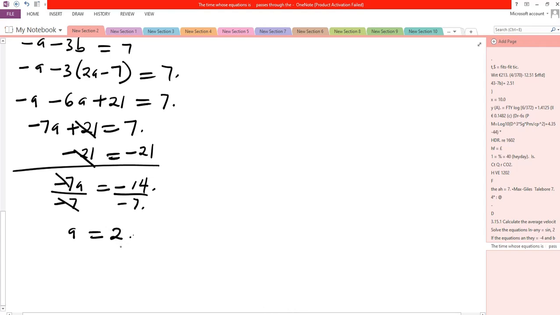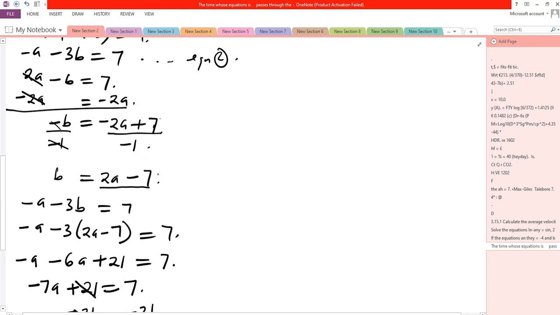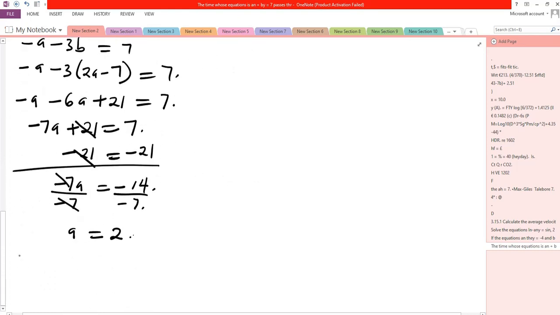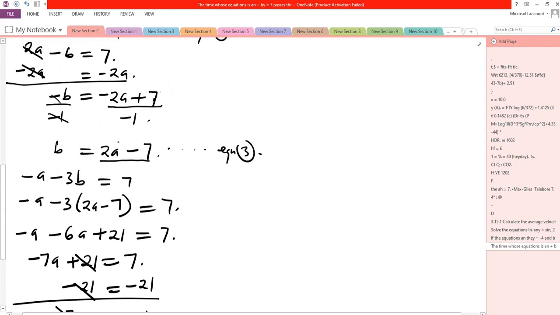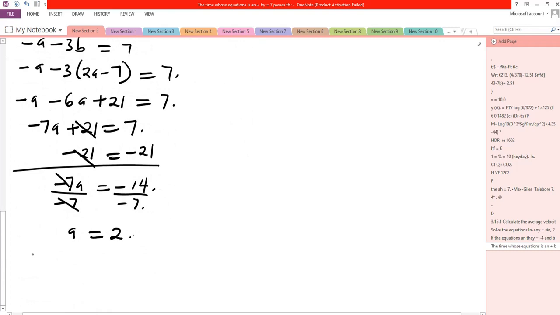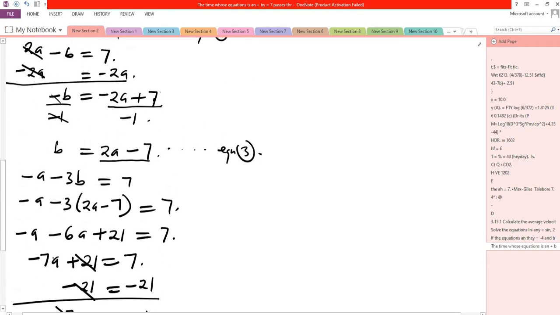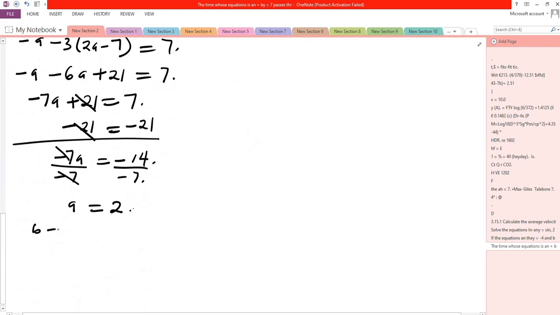So our a is equal to 2. Now we need to substitute. Let me say this is equation 3. So substituting a equal to 2 into equation 3, wherever we see a, we substitute 2 to it. So we have b equal to, okay, it's not 3a, it's 2a minus 7. That is equation 3.